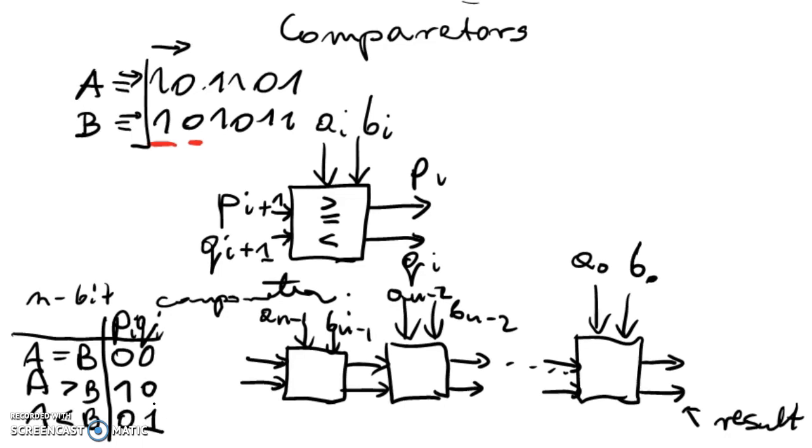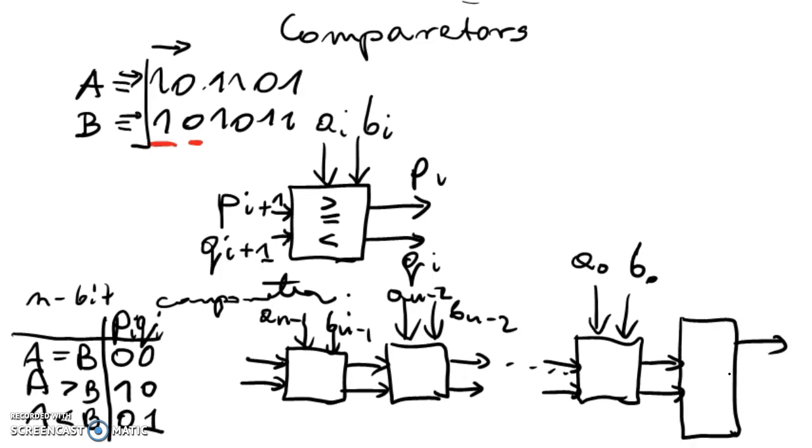Okay, it is not a signal for the user, of course it is important here. And we always can produce 3 different signals. If the user is interested in having 3 independent lines of A equal to B, A greater than B, and A lower than B, it is a kind of decoder.